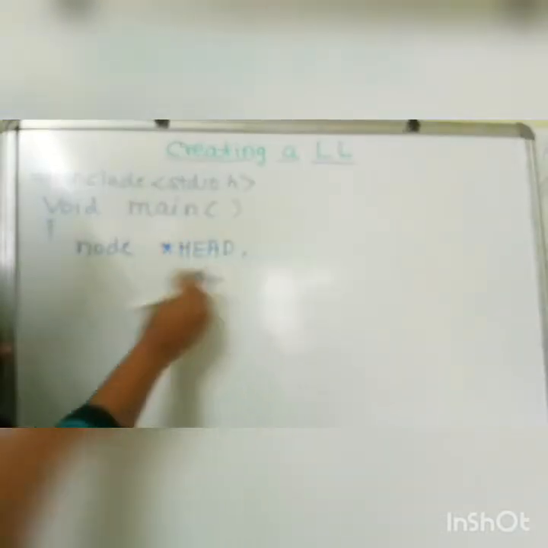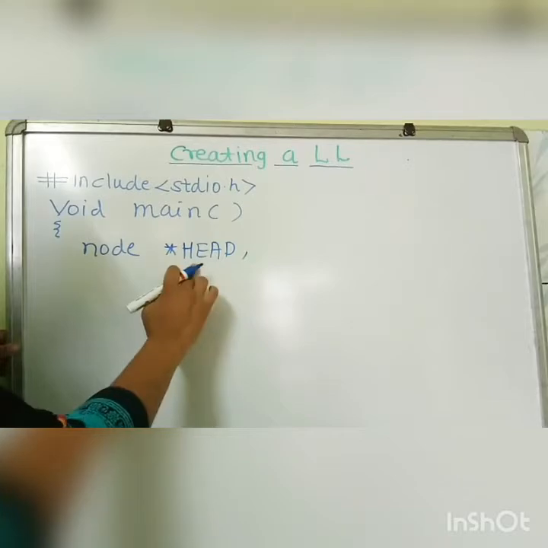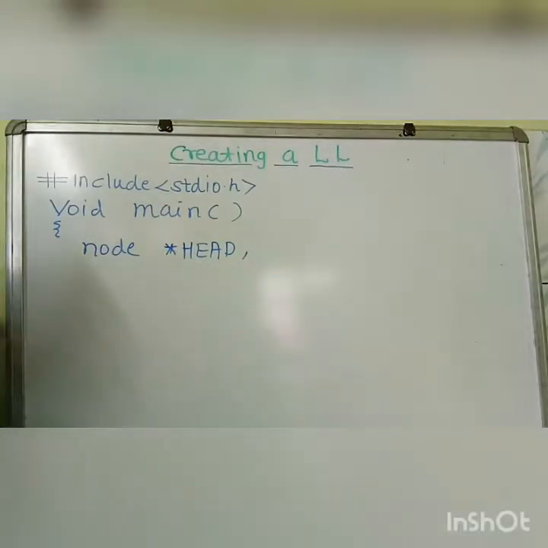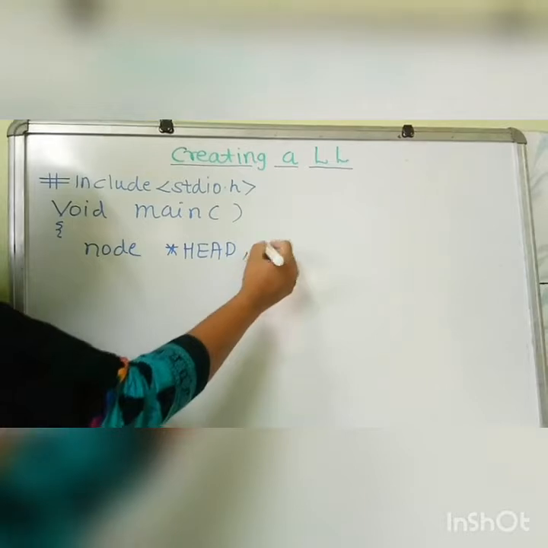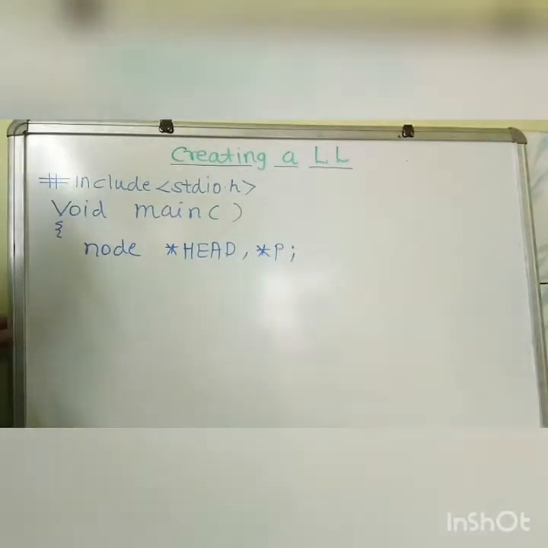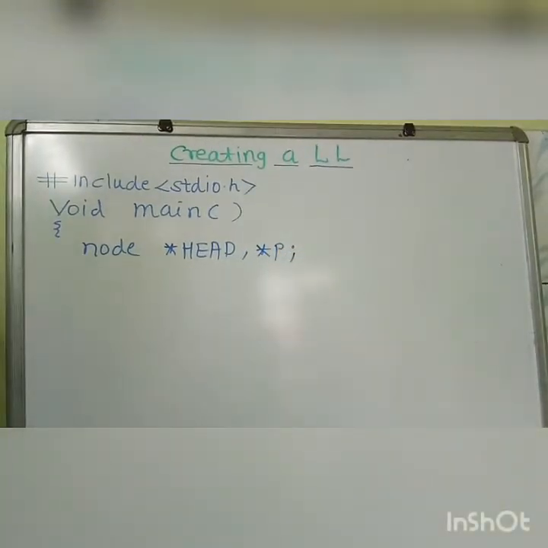You can write it in small letters or capital letters; this is only a variable name, not a keyword, so we can write it on our own. Then we will take one dummy pointer for further processing.